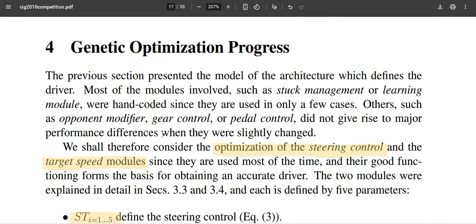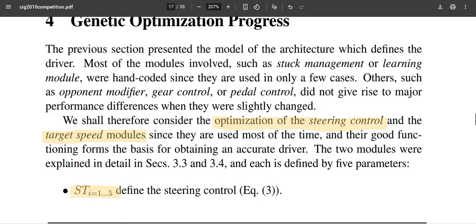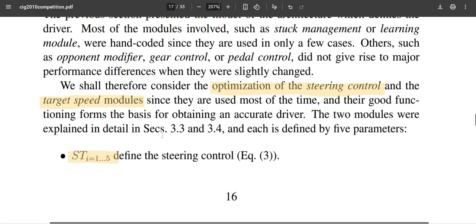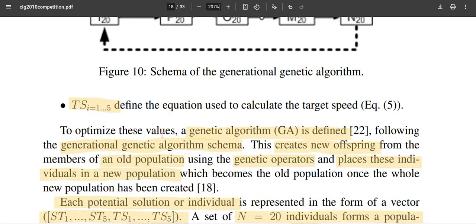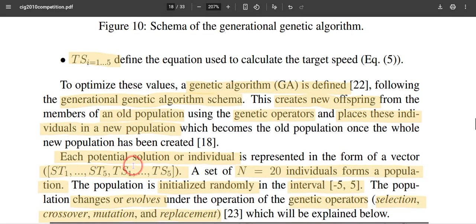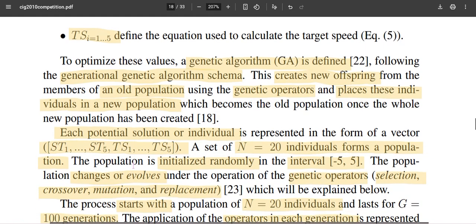Only the steering control and the target speed modules have parameters like st1 to st5 and ts1 to ts5. These are augmented as a single 10 dimensional vector, and the genetic algorithm scheme is utilized to identify the best parameters.